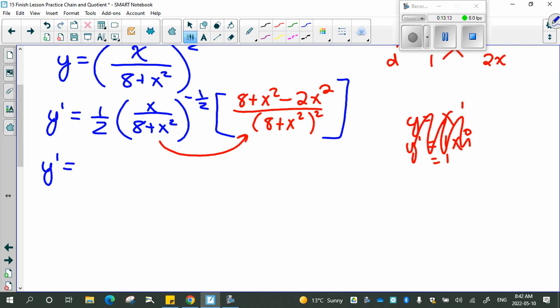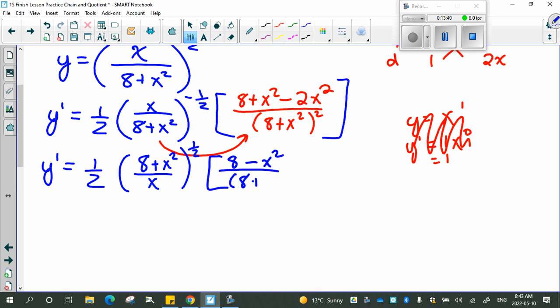So who remembers the rule of when you have a fraction to a negative exponent, what you can do? You can flip the fraction. Awesome, Patrick. And then the exponent becomes positive, right? And then up here we can clean it up a bit. So we have 8 minus x squared over 8 plus x squared squared.